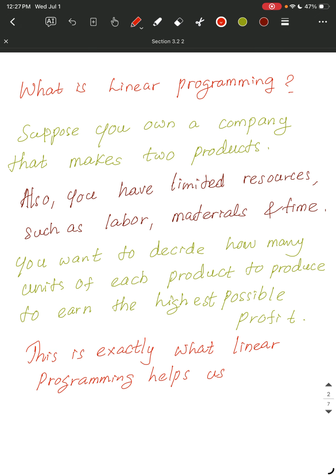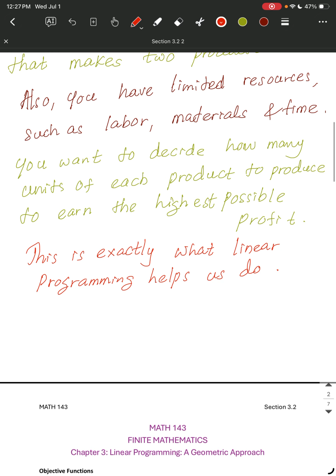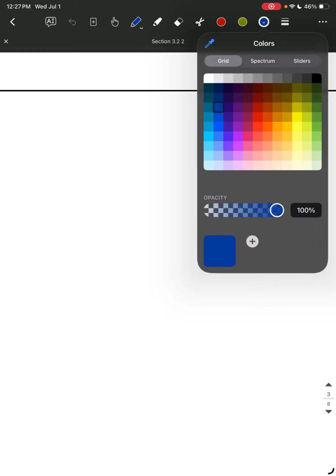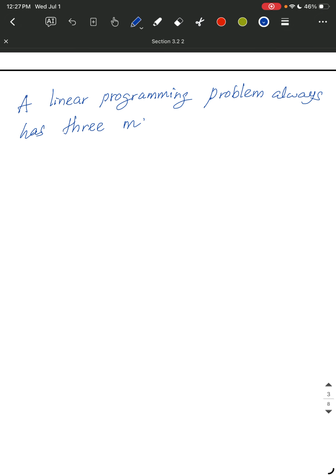So, first of all, a linear programming problem always has three main parts.